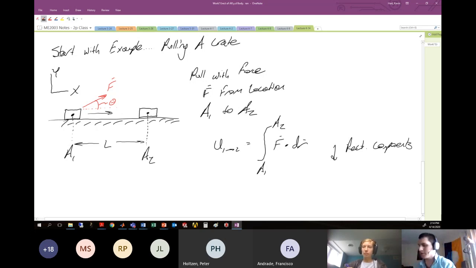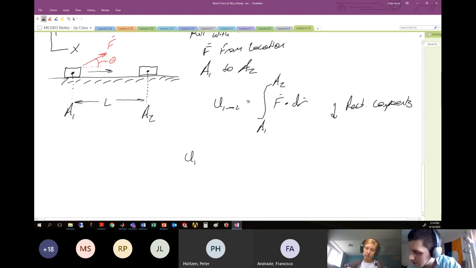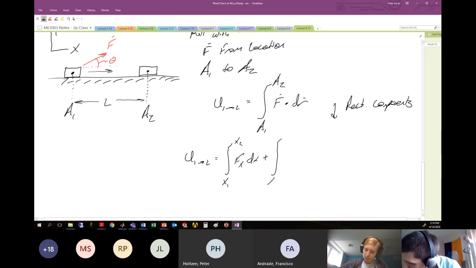Then you can write this fully as U1 to 2 is the integral with each of the individual directions having its own term. Here, from x1 to x2, the force in the x direction dotted into dx. This is what the dot product generally is.